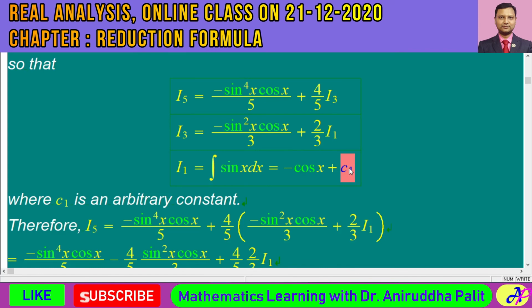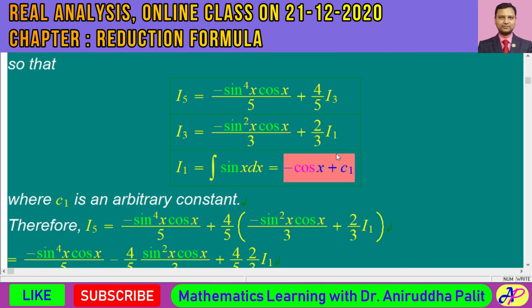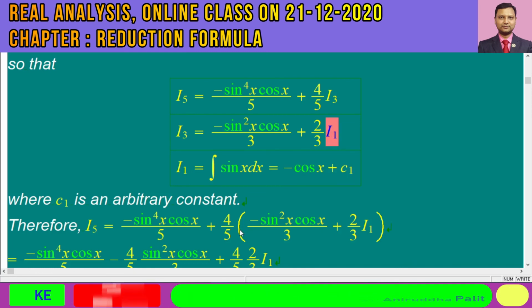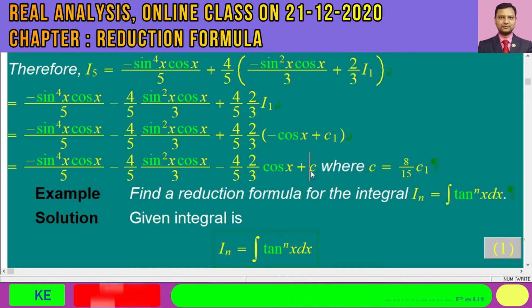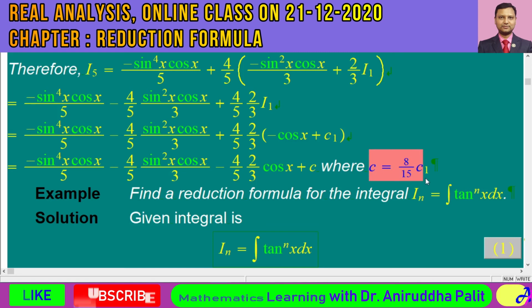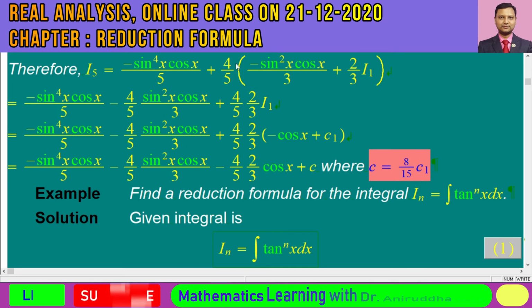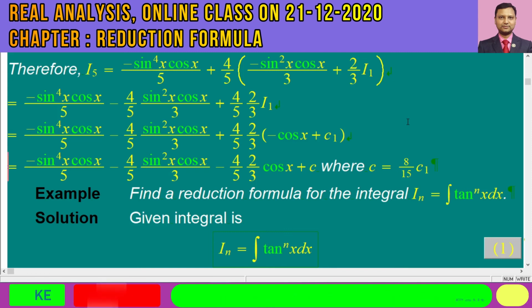So if we now use this expression of I1 over here, we will get the expression of I3, then the expression of I5, and so on. Finally, whatever we have, we are writing all the contributions in terms of C. So C would be equal to 8 by 15 into C1. So this is the computation portion that I have shown over here.